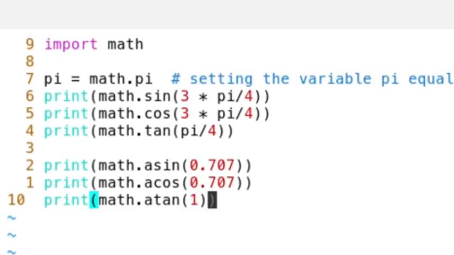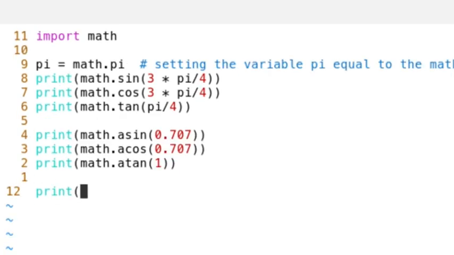All right, so the last two things I want to talk about are switching from radians to degrees and then from degrees to radians. So what I can do is print and do math.degrees, and then if I pass in pi fourths, I should get back 45.